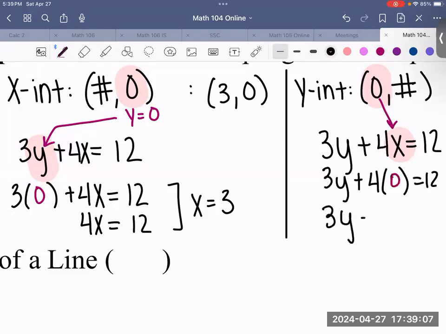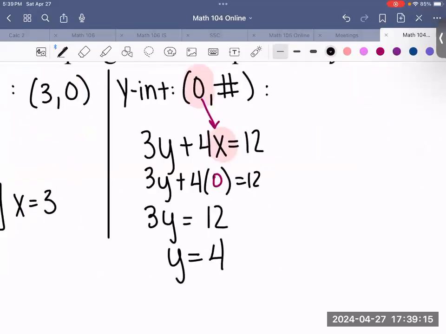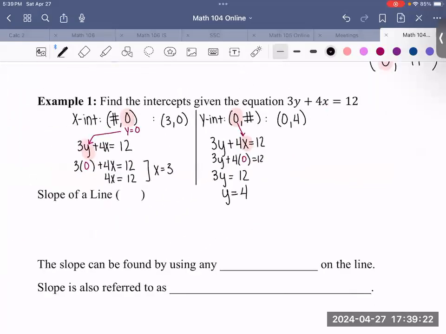So we have 3y is equal to 12, divide both sides by 3, and you get y is equal to 4. So your y-intercept is (0, 4). So using that trade-off is pretty valuable.